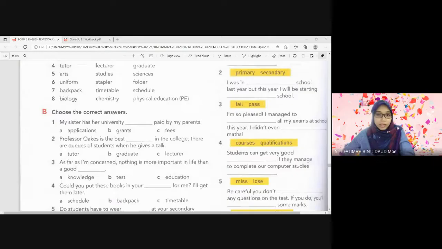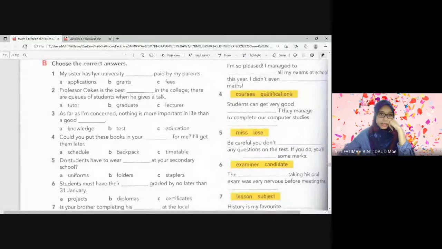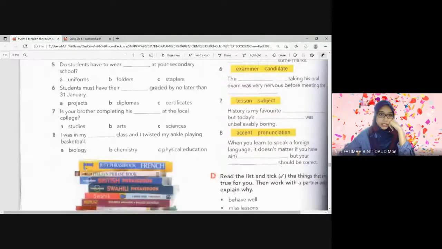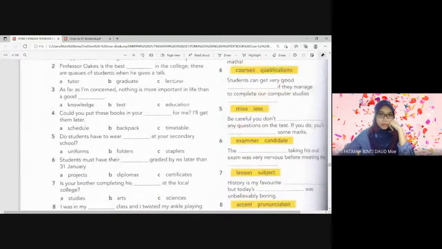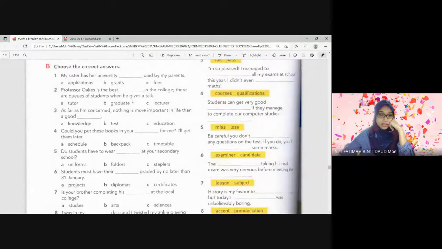All right, now I give you 1 minute to do B. So you choose which one. My sister has a university, what paid by my parents? Okay, find the answer until number 8 now. Okay, 1 or 2 minutes? 2 minutes. Just find A, B, or C. Find the answer A, B, or C now.